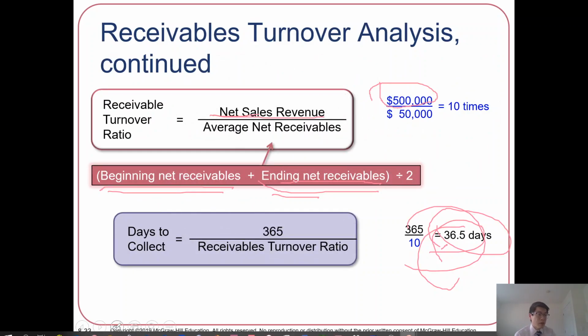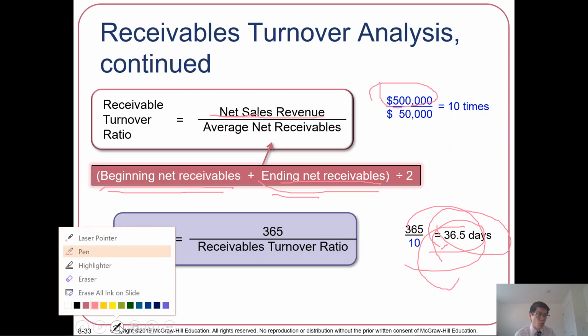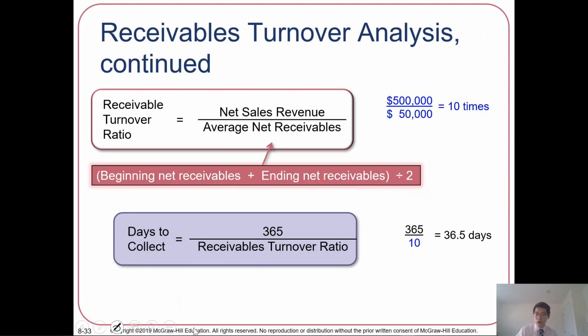Accounts receivable turnover is a really important financial ratio, one of the important financial ratios that everybody will look at, especially a consulting company doing consulting work for a particular company. Why?